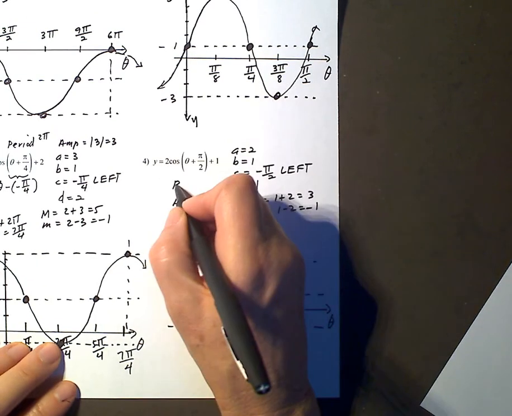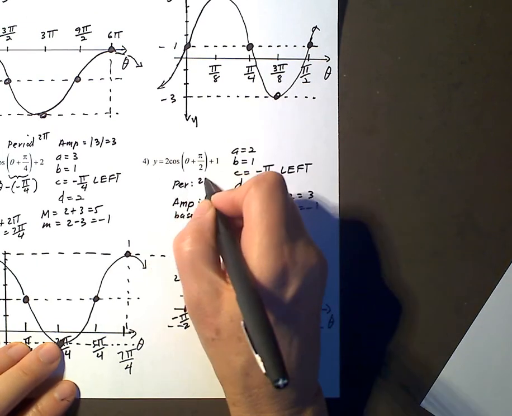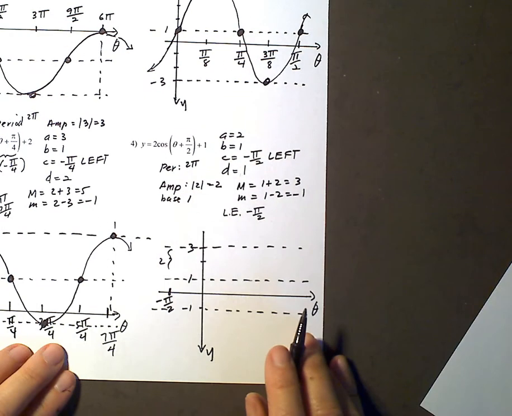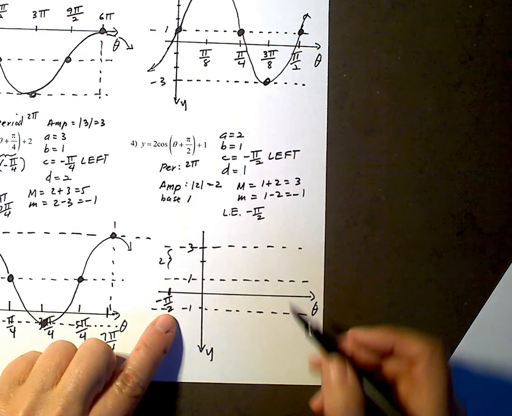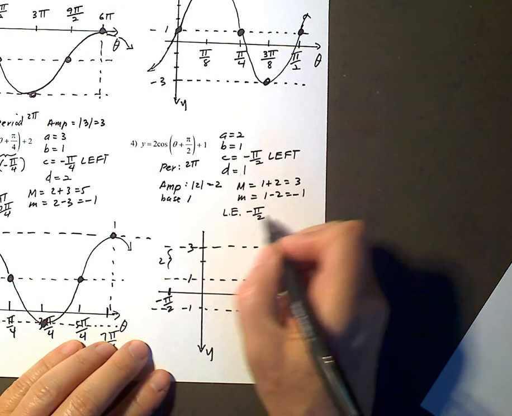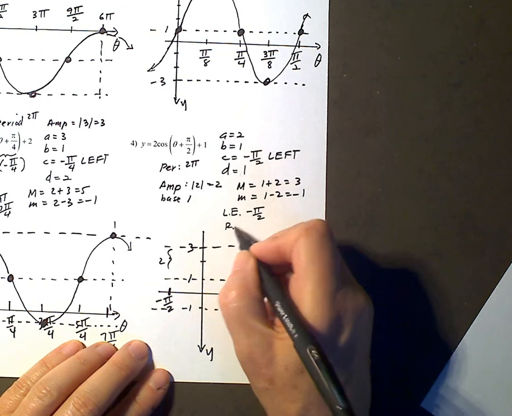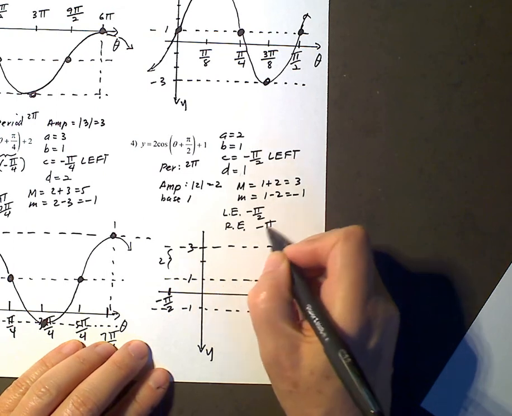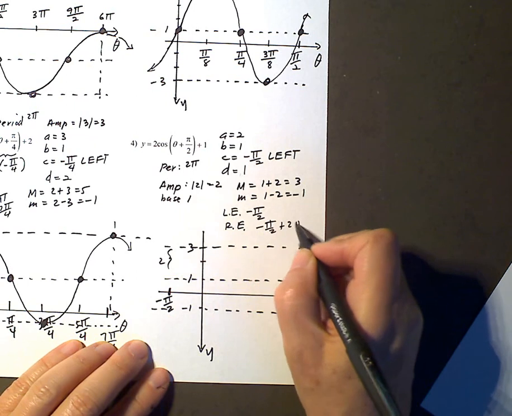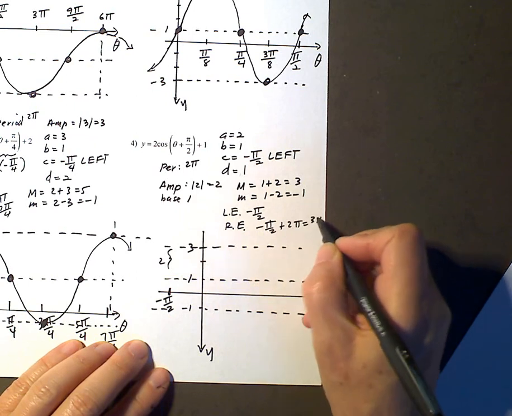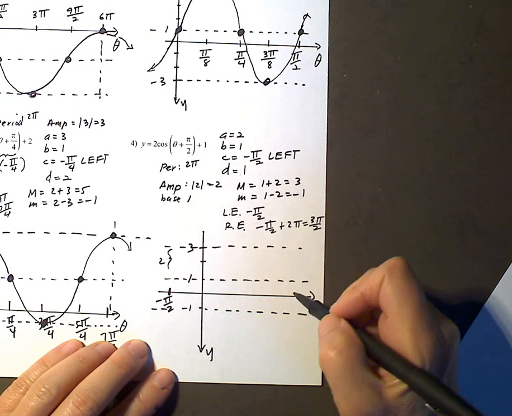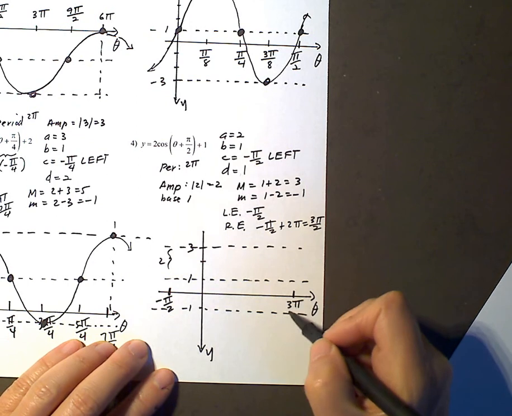Period is 2 pi over b, 2 pi over 1. So I'm going to go from negative pi over 2, so left edge at negative pi over 2, right edge at negative pi over 2 plus 2 pi. So that's going to be at 1 1/2 pi, or 3/2 pi. So 3 pi over 2.